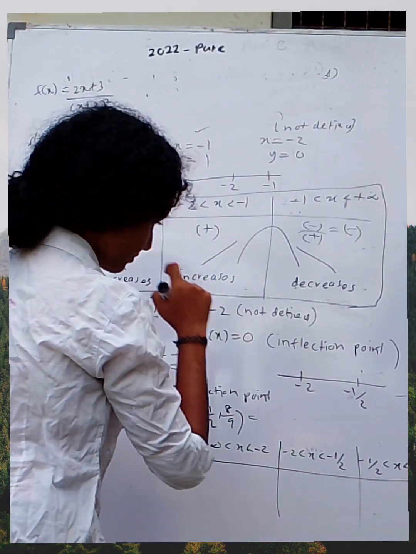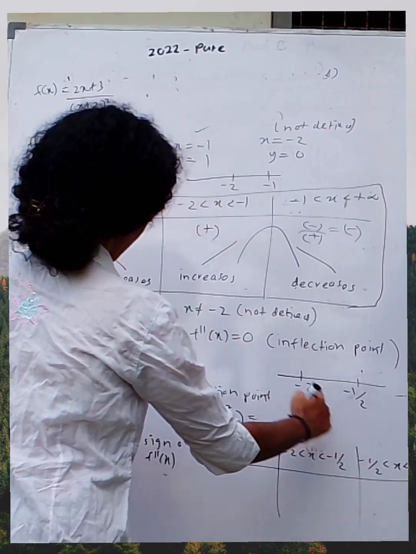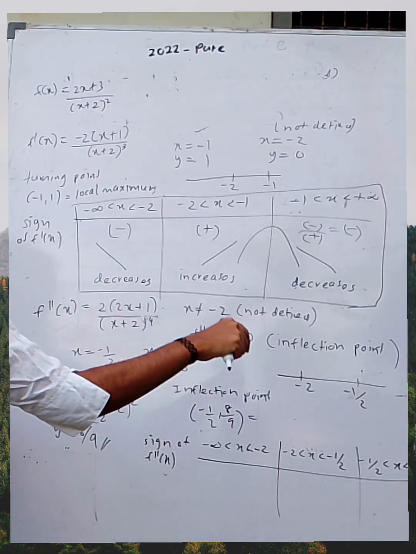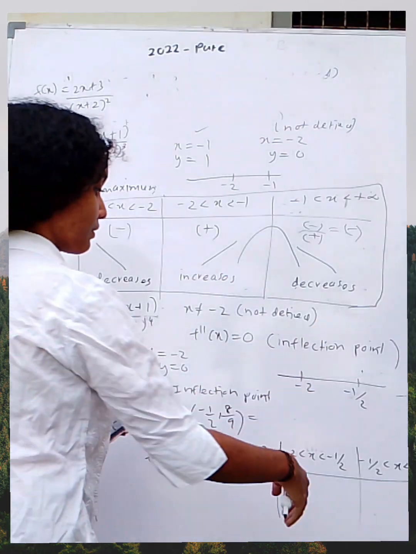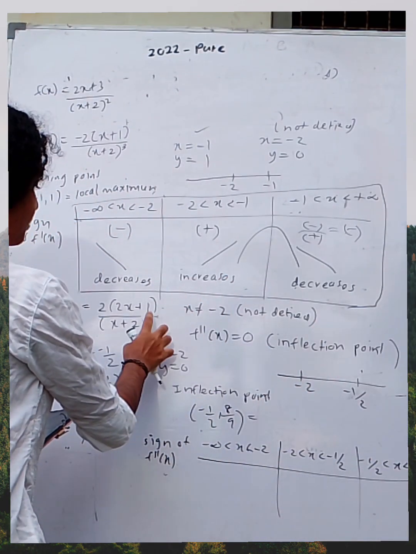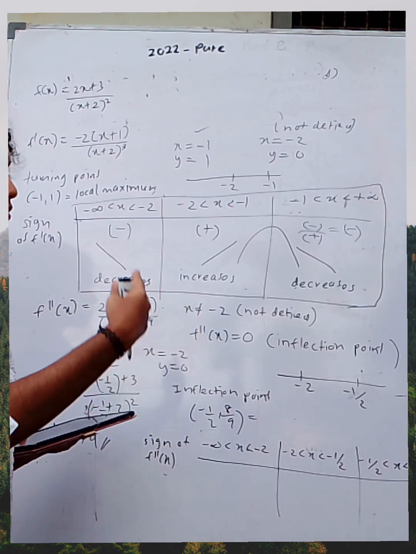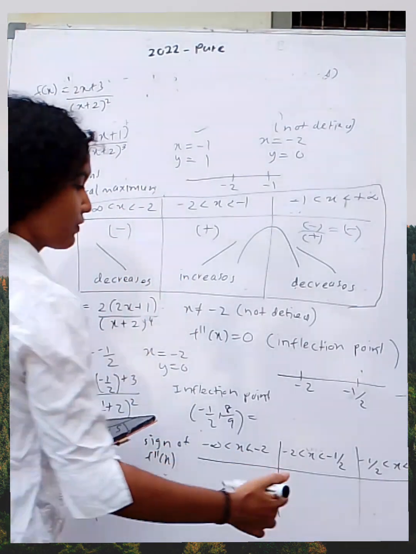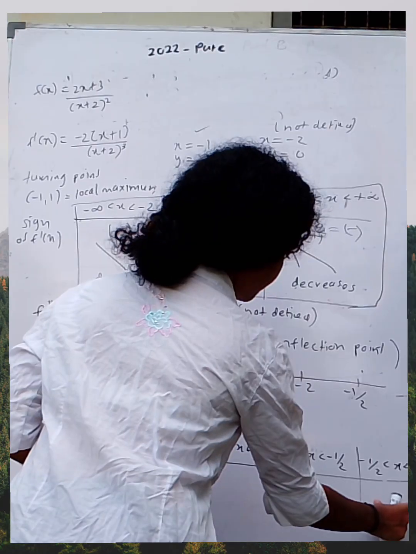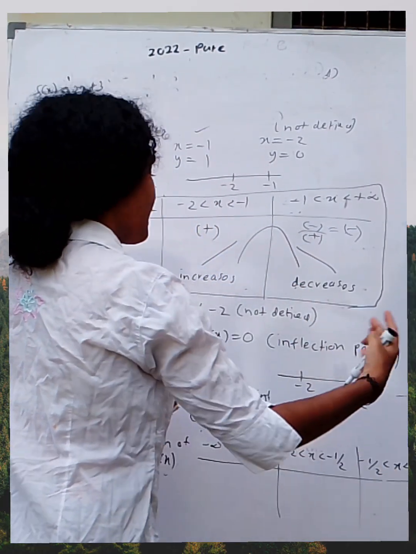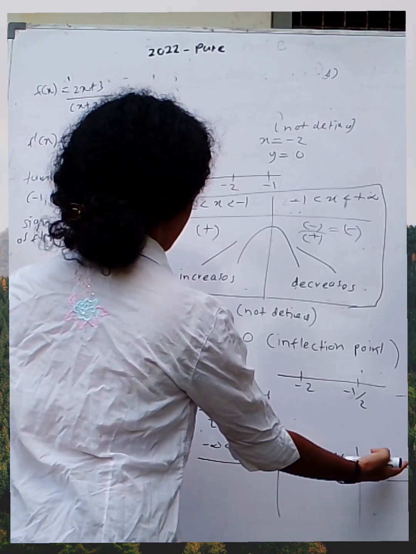Now I'll substitute a specific value and identify whether I'll get a positive or a negative. By looking at the powers, I can get an estimated idea. For this particular column, I will substitute a value, say positive 10.